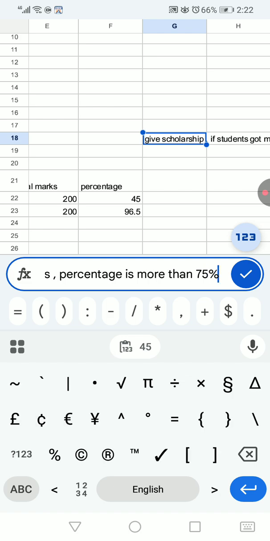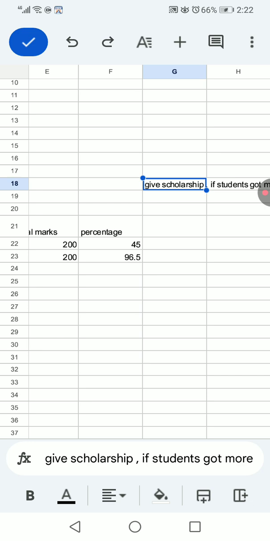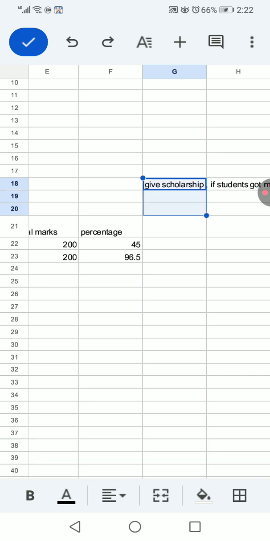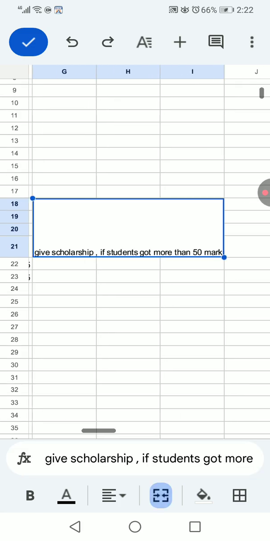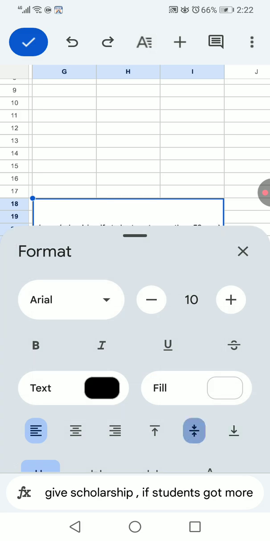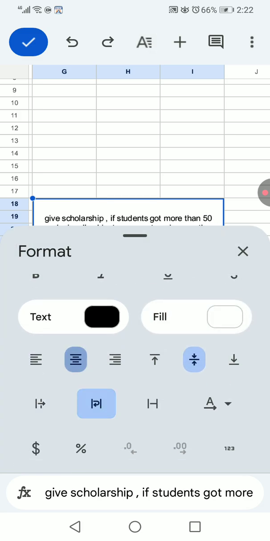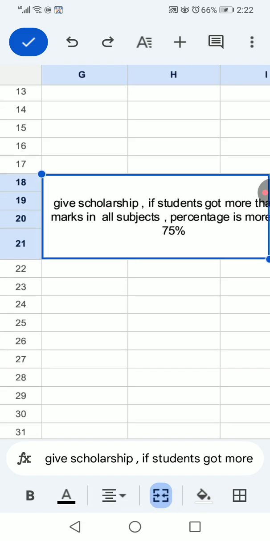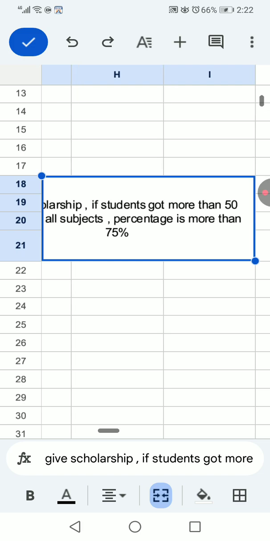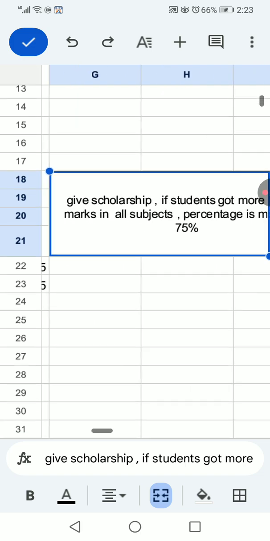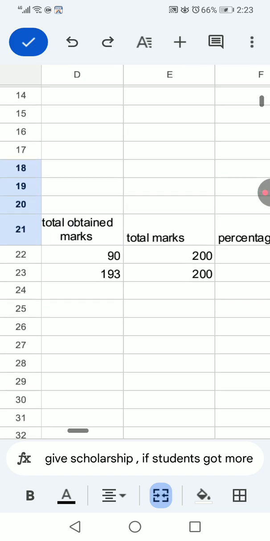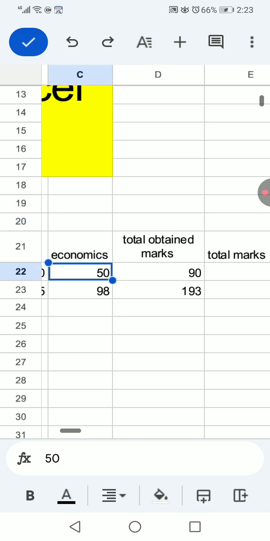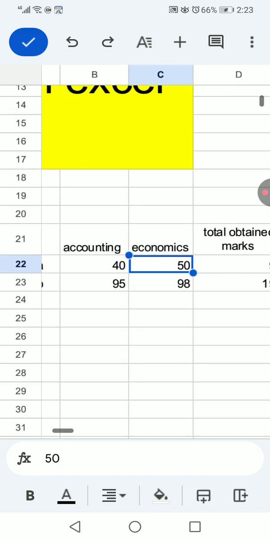So please understand these are two different criteria. Once again you will understand it. Read: scholarship would be given. There are two conditions. If students have got more than 50 marks in all subjects and total percentage is more than 75%. Now look here. First student got 40 and 50.